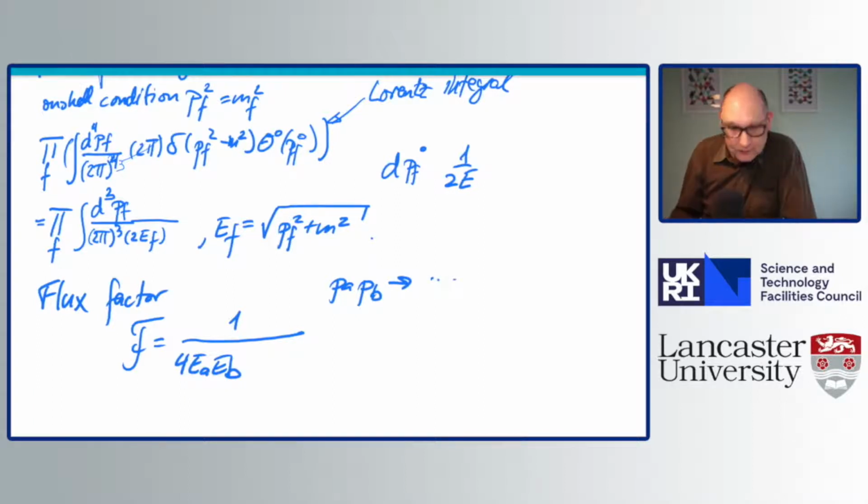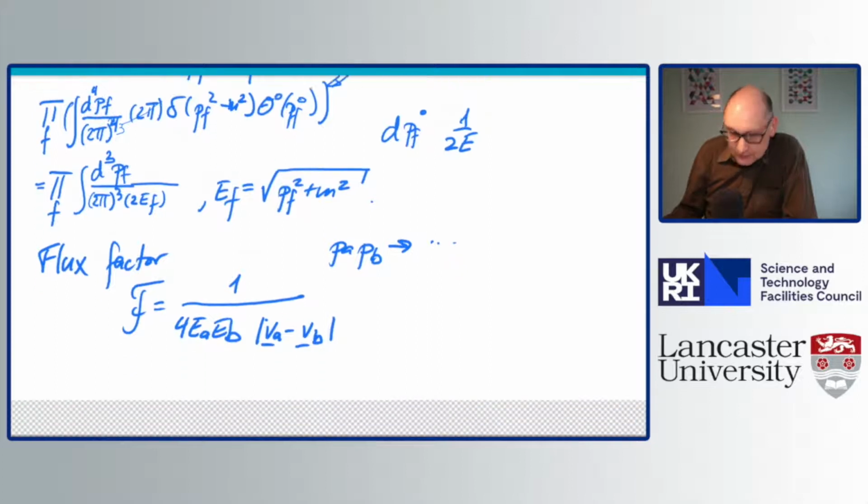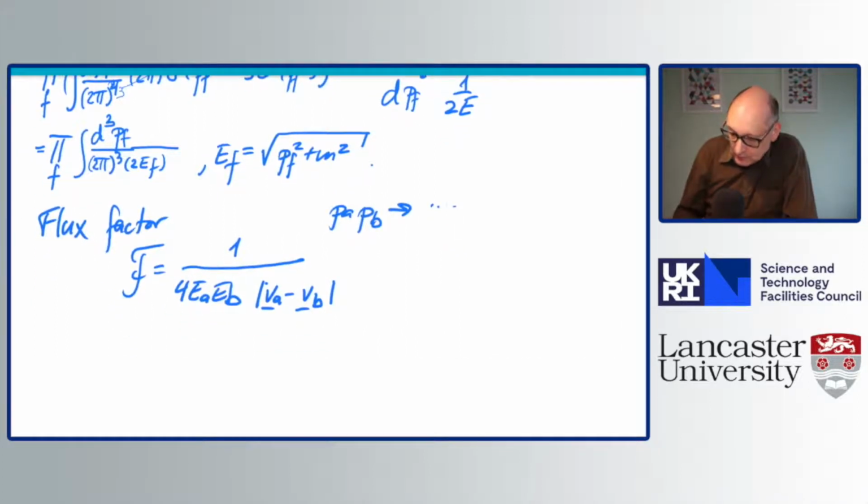The flux factor for the incoming particles is EA, EB, times the length of the vector vA minus vB, underneath.